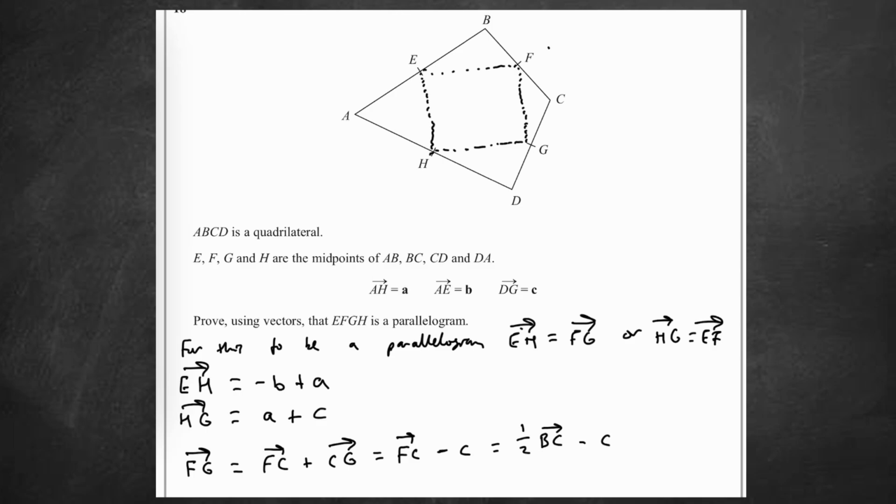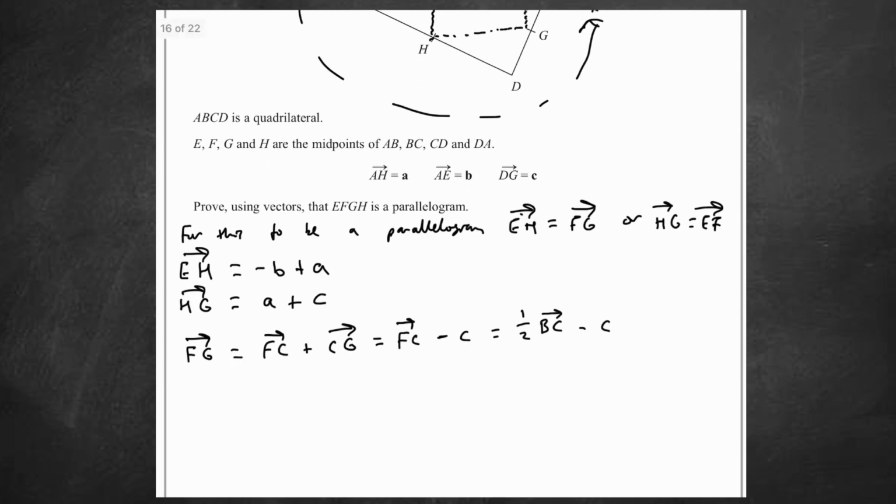And to get BC, we will need to get BA plus AD plus DC. So we're going to go this way around the shape. So I'll scroll down a little bit and I will rewrite this as half, what did we say?